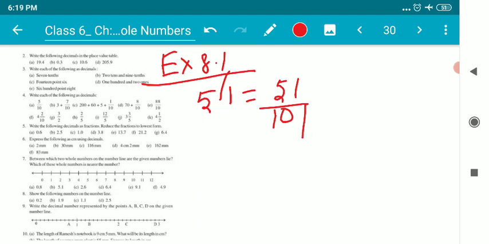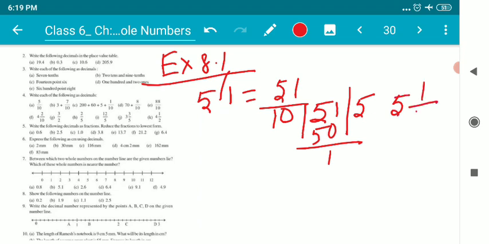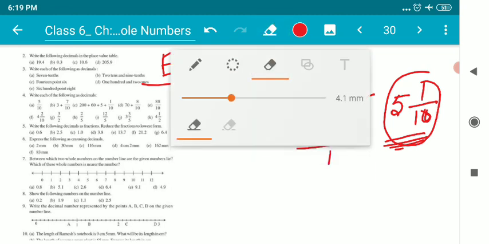Now we can convert it into a mixed fraction to make it easier. 5 tens are 50. 1 is the remainder. So my final answer is 5 1 by 10. Okay, children, the final answer is 5 1 by 10. It means this number is more than 5 but less than 6. So it will surely come between 5 and 6 on the number line.